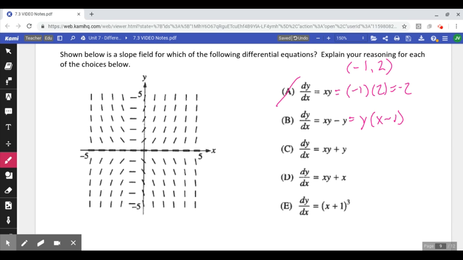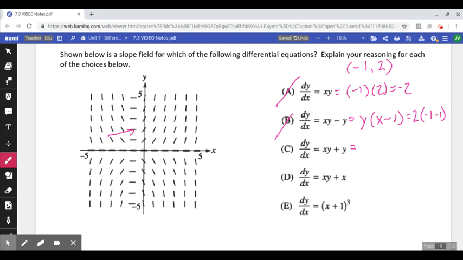Let's see if it works for our ordered pair -1, 2. In this case, we have 2 times -1 minus 1. And the question here really is, is that 0? Because we know right here at -1, 2, that slope has to be 0. Well, this is not 0. 2 times -2 is -4, so this can't be the correct one.